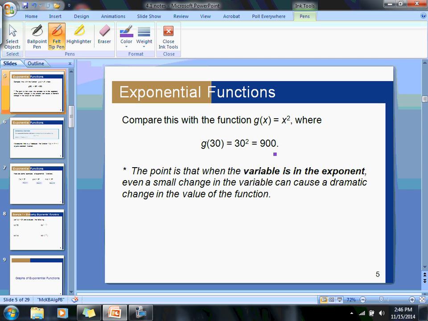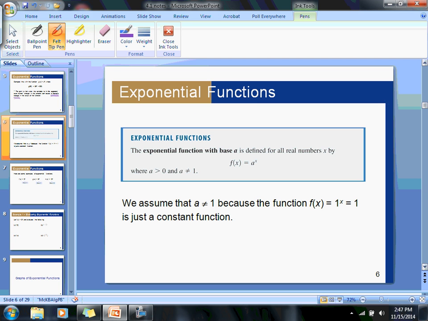When we did 2 to the 10th, we were already at 1,000. Here it would take us 30 squared to get to 900, and that's still not even 1,000. So an exponential function grows very dramatically. Here it says it has a dramatic change in the value of the function. Okay.